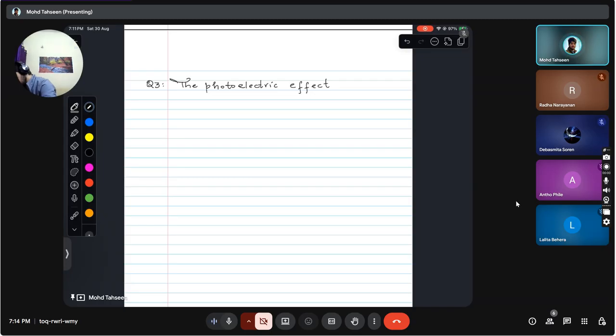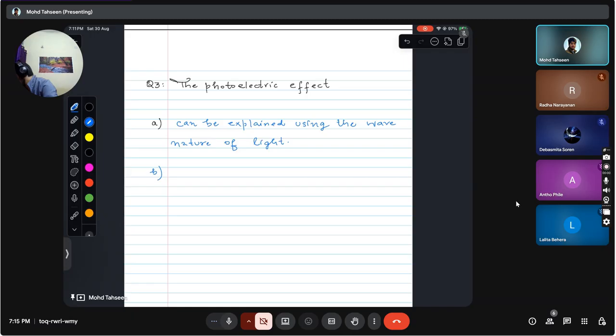So this question is about the photoelectric effect, and the options are: the photoelectric effect can be explained using the wave nature of light, right?